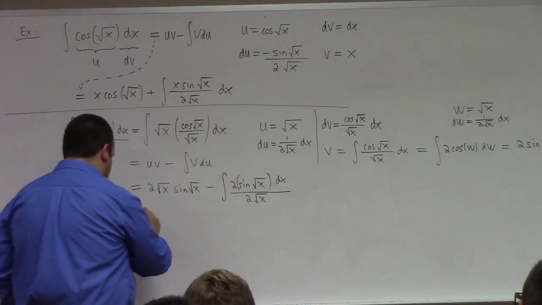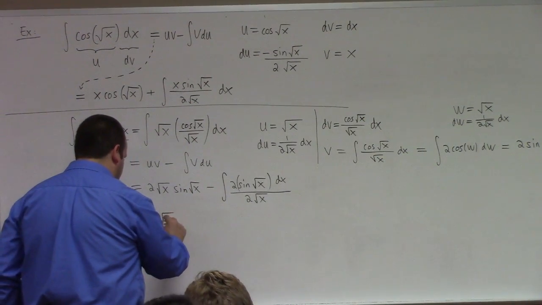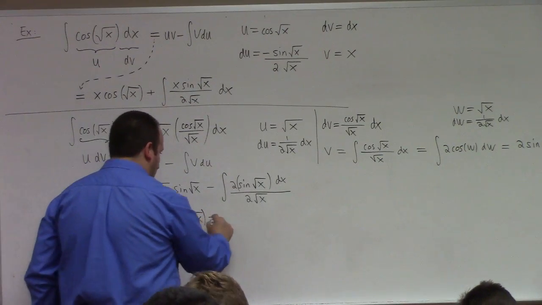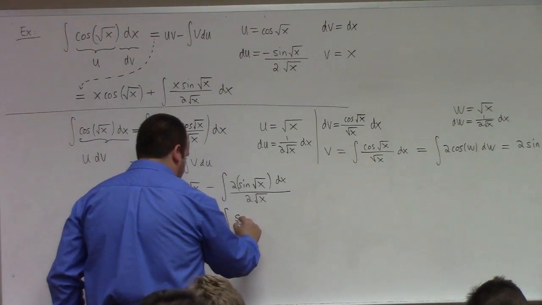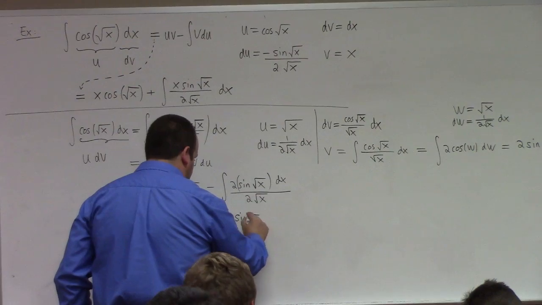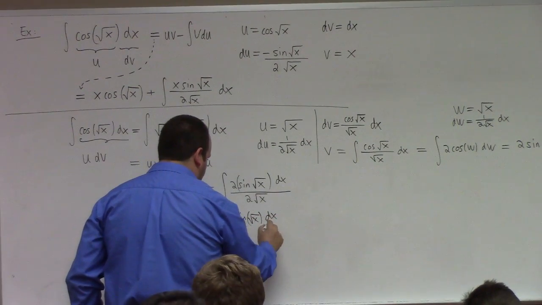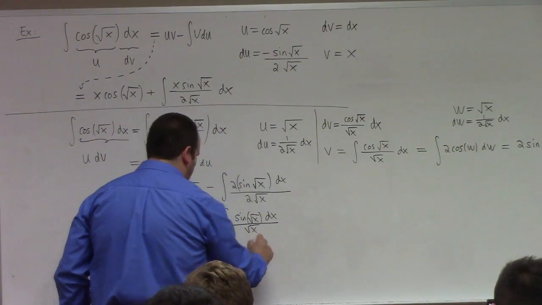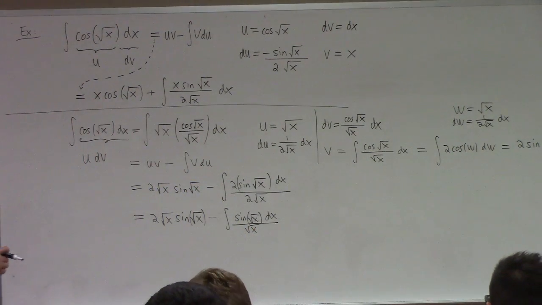So let me clean this up a little bit. What do we have? We have 2 square root of x, the sine of the square root of x, minus the integral of the sine of the square root of x dx over root x.